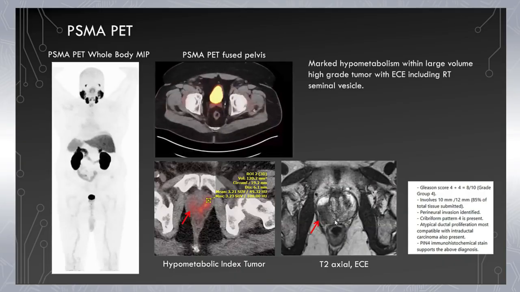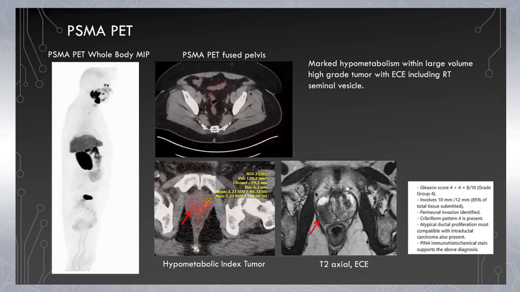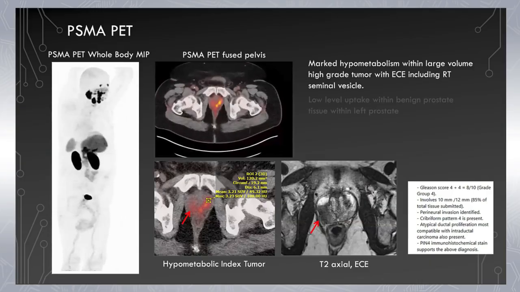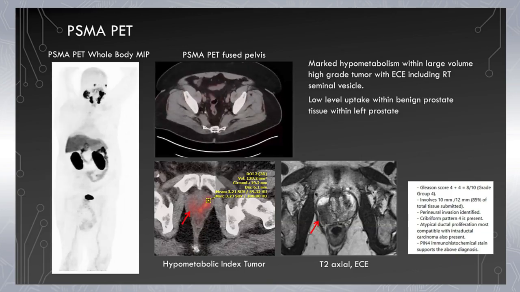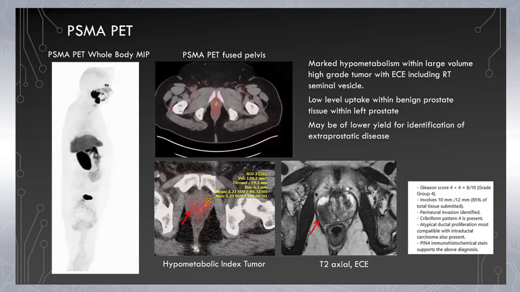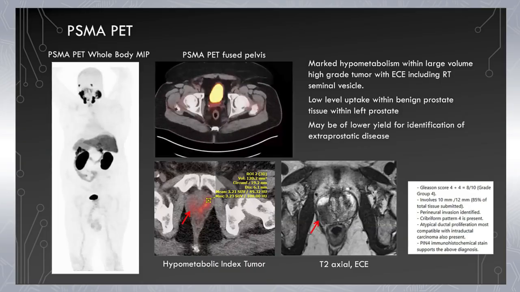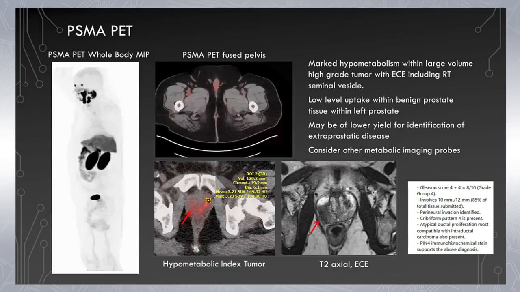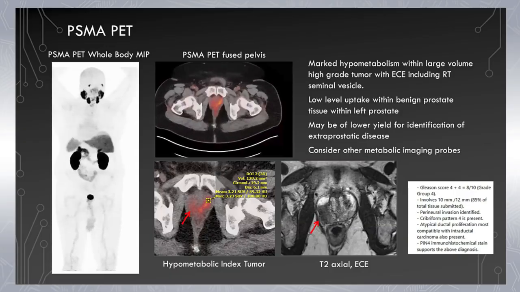So this is a lesion that had marked hypometabolism with large volume high-grade tumor with ECE, including invasion of the right seminal vesicle, but low level uptake within benign prostate tissue within the left prostate. So maybe in this case, PSMA PET may be of lower yield for identification of extraprostatic disease, and therefore we may have to consider other metabolic imaging probes such as FDG PET.